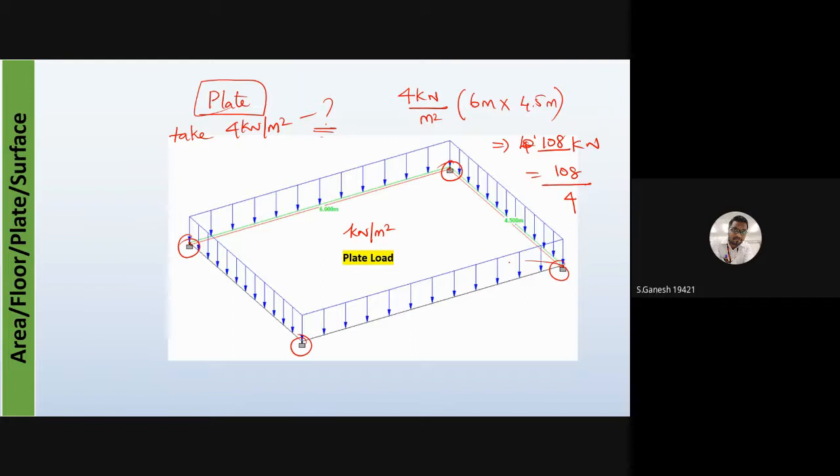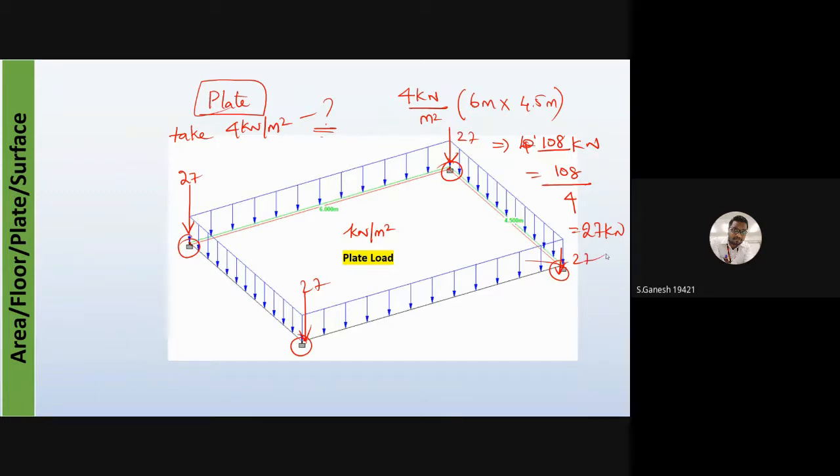So this will be divided by 4. So you will be getting around 27 kilonewton acting as a load on each corner, right? So you get this 27 kilonewton value on this part. So each of the 4 nodes you will be getting your value. So all this 27 will be calculated here. So this is the first concept of plate load.